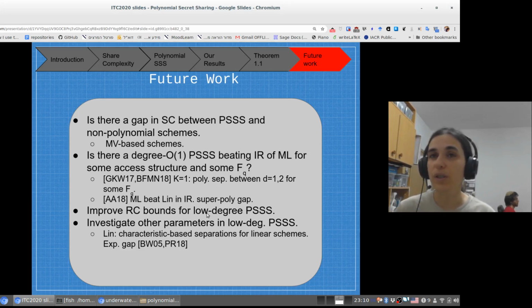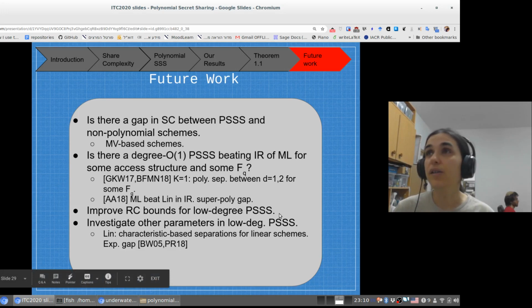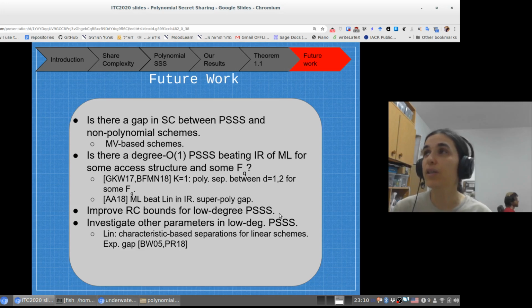So that's an interesting open question. Another open question is to improve the upper bounds we obtained on the randomness complexity for low degree schemes, which in particular would yield non-trivial lower bounds on share complexity for fixed fields.